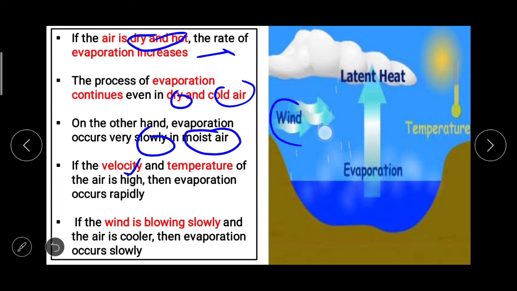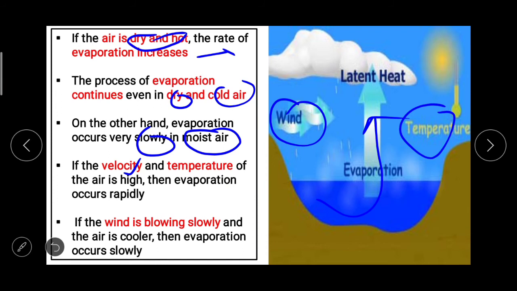Here you can see wind, temperature and evaporation. Now this you have to keep in mind. If the air is dry and hot, the rate of evaporation increases. If it is dry and cold, the process of evaporation still continues. If the air is moist, then evaporation occurs very slowly.